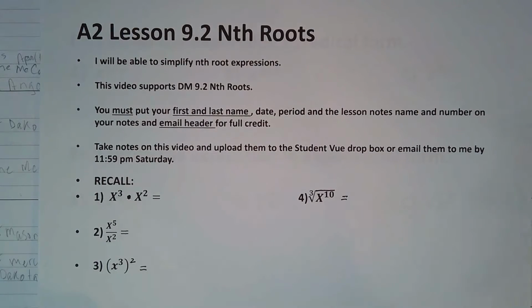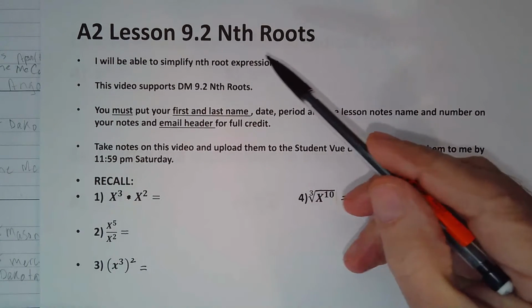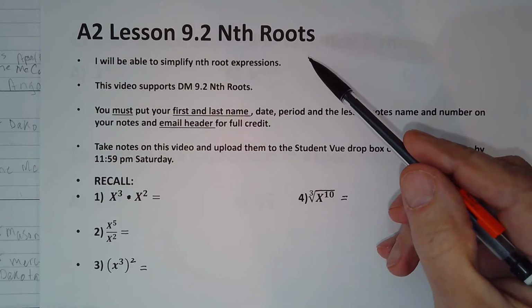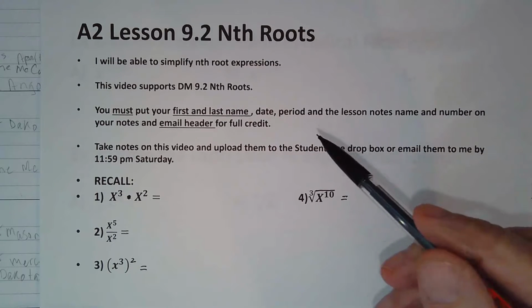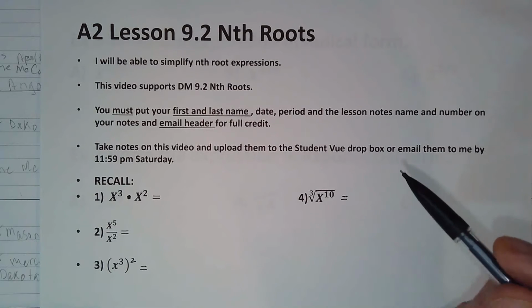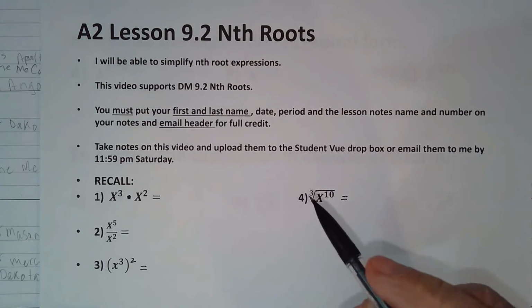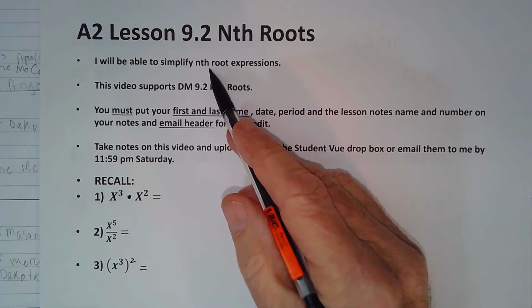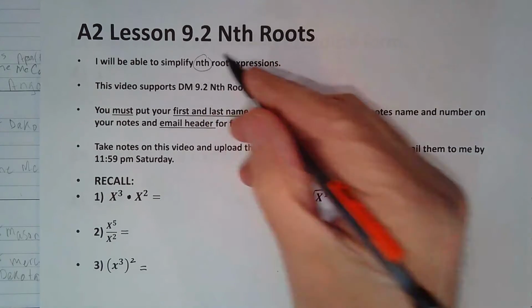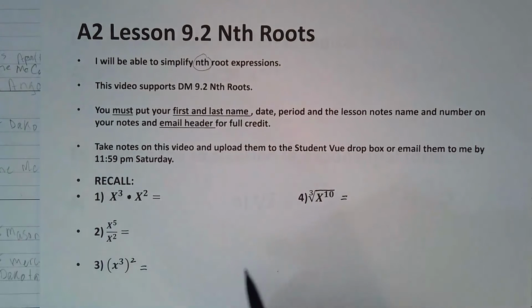Good morning. Today we're going to be covering Algebra 2 Lesson 9.2, Nth Roots, and we're going to simplify these nth root expressions. And remember, when we talk about nth roots, we're talking about radicals that have different types of roots.